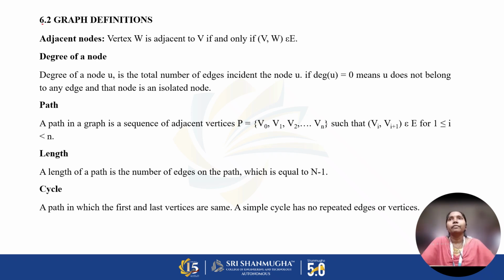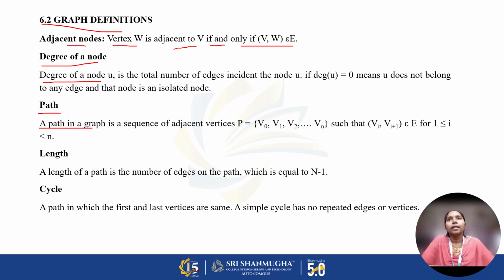Next, graph definitions. Adjacent nodes: vertex W is adjacent to V if and only if (V, W) belongs to E. Degree of a node: the degree of node U is the total number of edges incident on the node U. If the degree of U is equal to 0, U does not belong to any edge and that node is an isolated node.